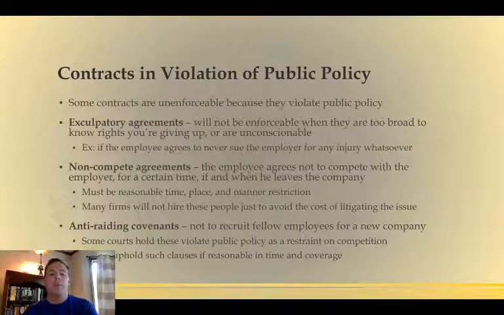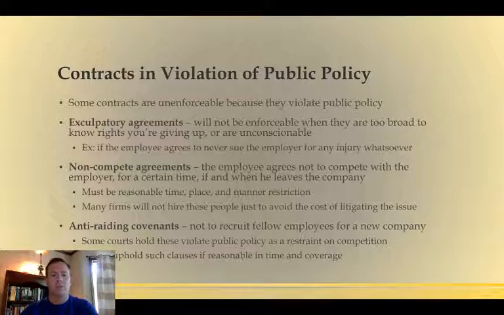And then the manner or the scope is how much work are you preventing them from doing. So if it's in the fashion industry, maybe they're a fashion designer, you can keep them for a couple of years from working for competitors, designing fashion, but maybe not say that they can't work anywhere in that industry doing something else, doing a type of work that isn't really what you were hired to do for them, and that isn't in direct competition.